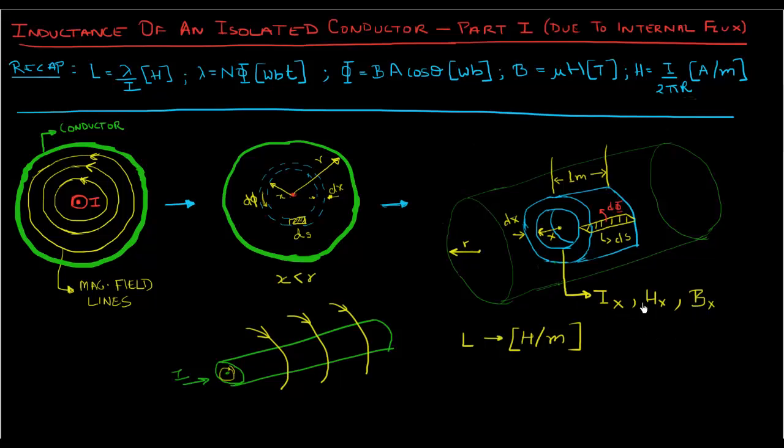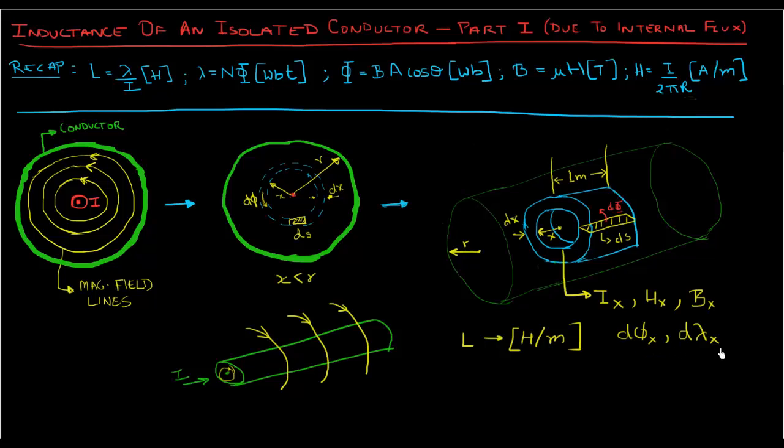These are the steps we're going to follow today in the derivation, right? So at this point x, we have a current I of x, which causes a magnetic field H of x, which has a field intensity of B of x. There is a differential flux here because we're only calculating flux through a differential area, so we're going to get d phi of x. The flux linkage due to this I of x is d lambda x.